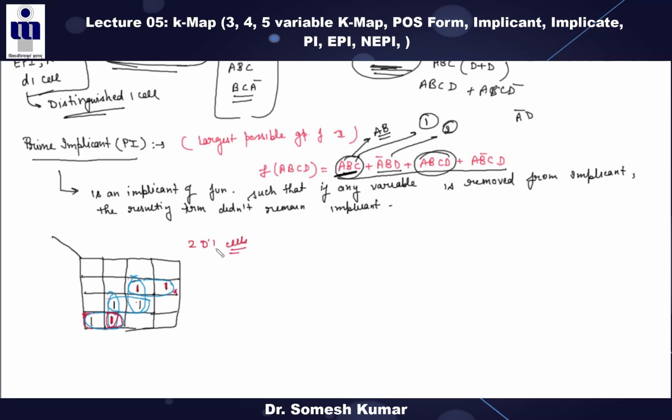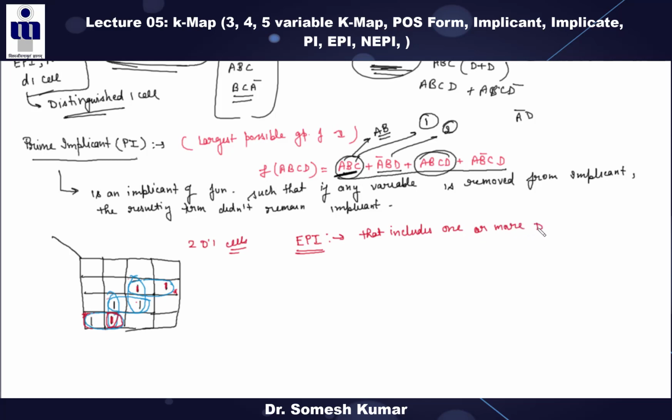Clear? And now essential prime implicants. I am going to tell how to find the essential prime implicants. Essential prime implicants are those prime implicants that include one or more D1 cells.